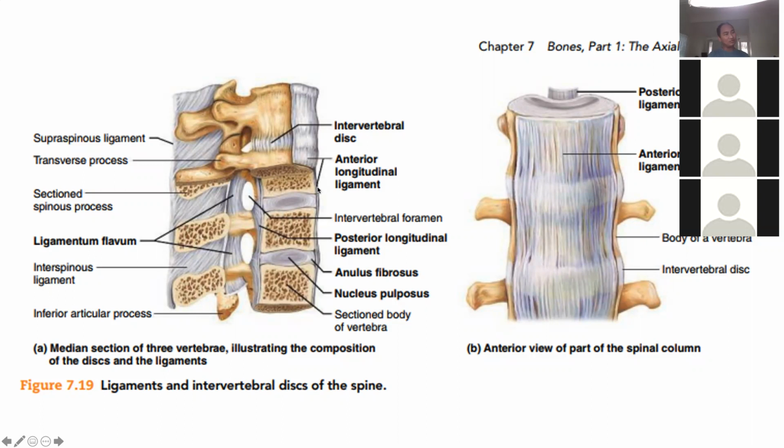So anterior longitudinal ligament in the front, posterior longitudinal ligament in the back. And on the spinous processes, we have the supraspinous ligament, ligamentum flavum, and interspinous ligaments in between the spines. They are all running there.